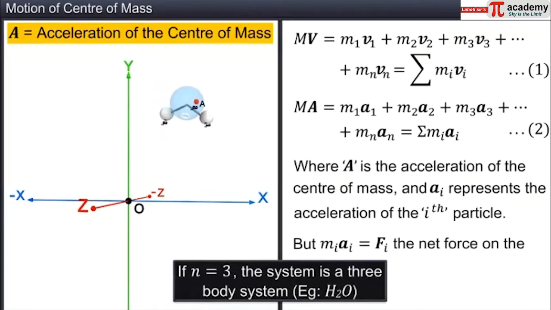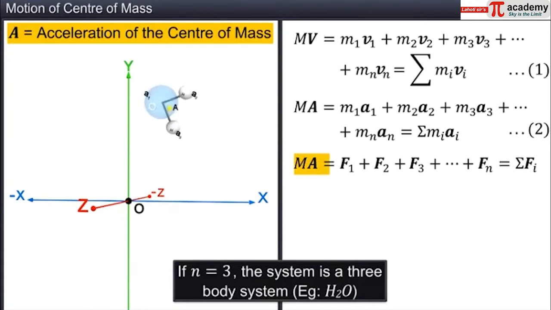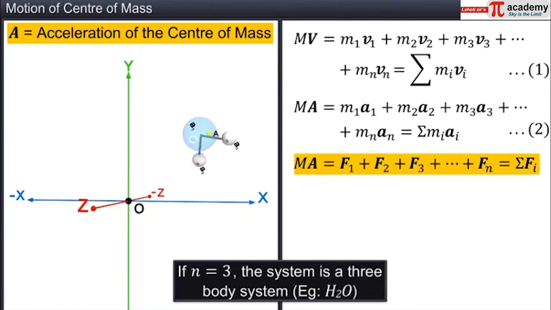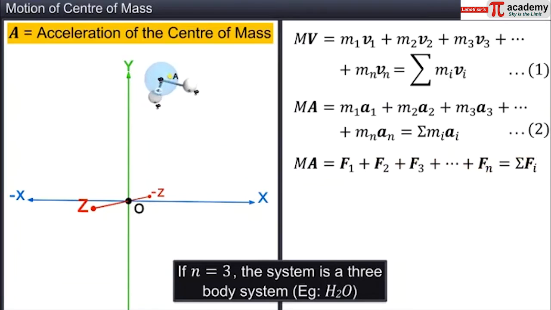But mi ai is equal to Fi, equal to the net force acting on the ith particle. Ma is equal to F1 plus F2 plus F3 and so on, plus Fn, which is equal to sigma Fi. The net force on a particle may be an external force or an internal force.